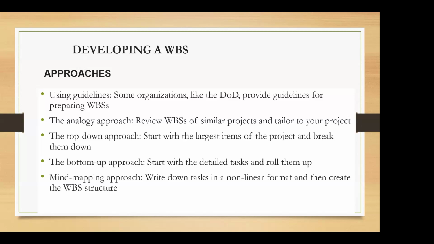You can take a look at these, and based on them, develop the work breakdown structure of your new project. According to your project, you can make some changes in the WBS. So this is called the analogy approach. You look at how the WBS has been developed in the past, follow the same format, and tailor it to your new project.